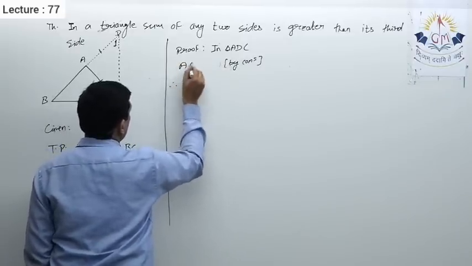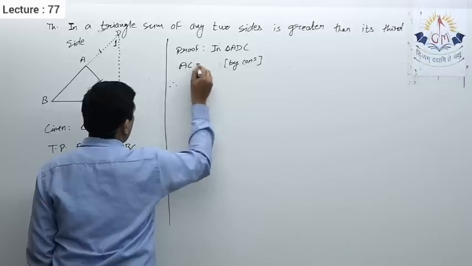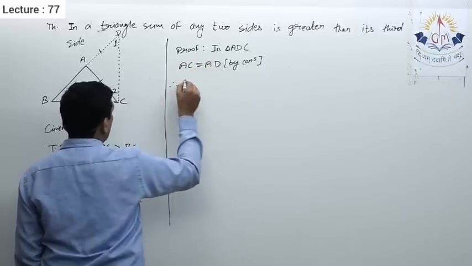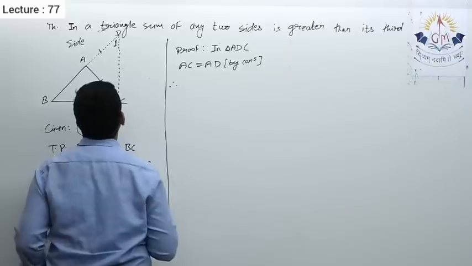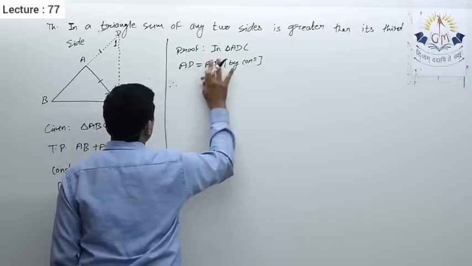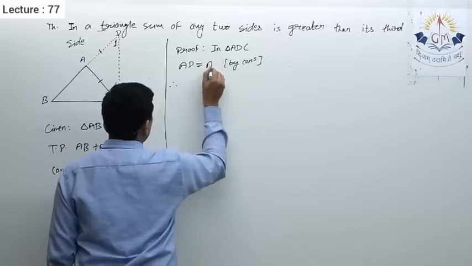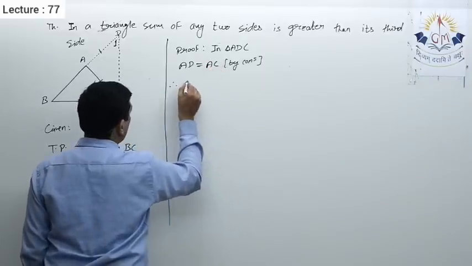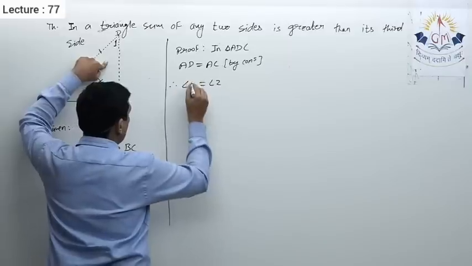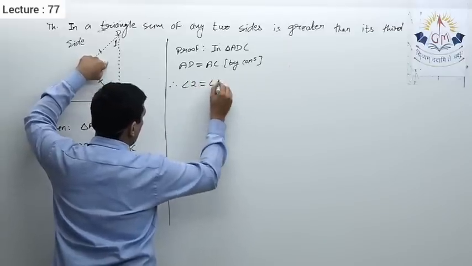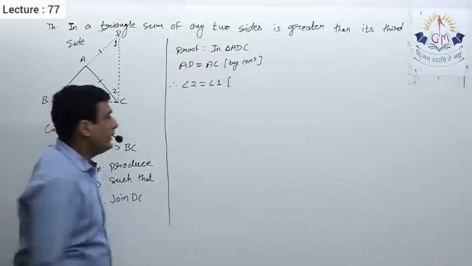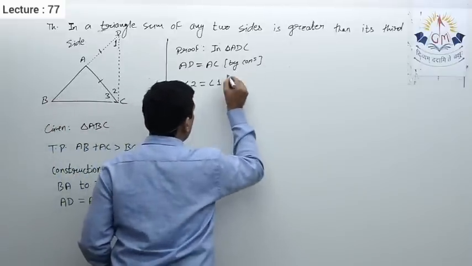Therefore angle 1 is equal to angle 2. The angle opposite to AD is angle 2 actually. So angle 2 is equal to angle 1. Reason: in a triangle, if two sides are equal, opposite angles are equal. So here I will write that reason.